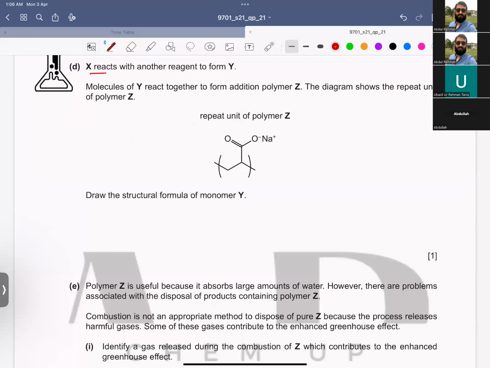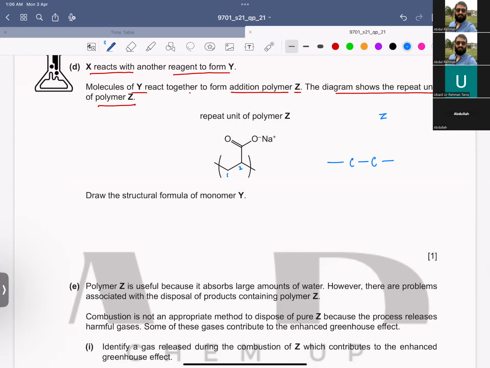Now, X reacts with another reagent to form Y. Molecules of Y react together to form addition polymer Z. The diagram shows the repeat unit of polymer Z. So if anybody has any problem with this skeletal formula, Z can be a carbon bonded to a second carbon, and then we have two empty bonds on the first carbon.